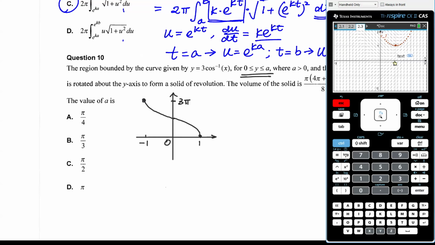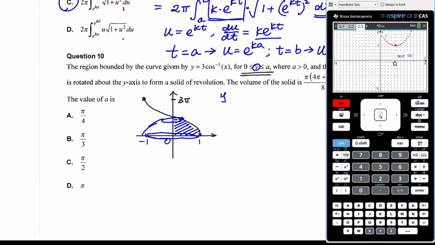But now I only pick a section of this cos inverse graph. So maybe somewhere here, I don't know, but this is not a coordinate because that's a y value. Okay, so actually I can say, all right, it's this bit maybe, rotated about the y-axis.